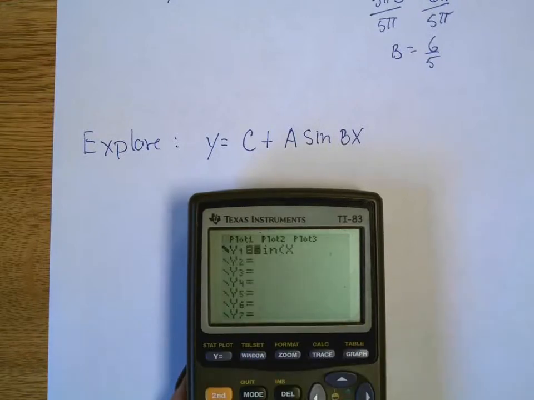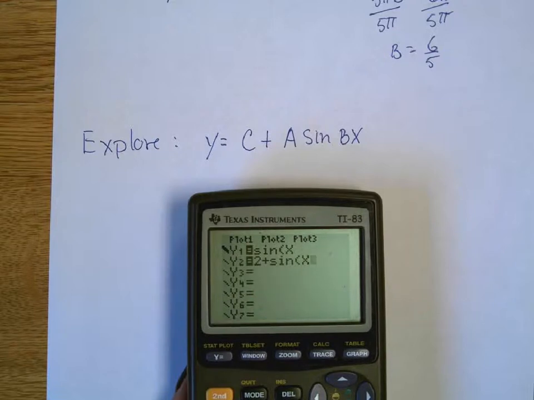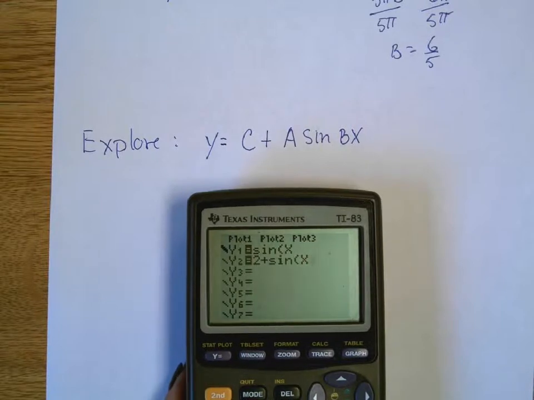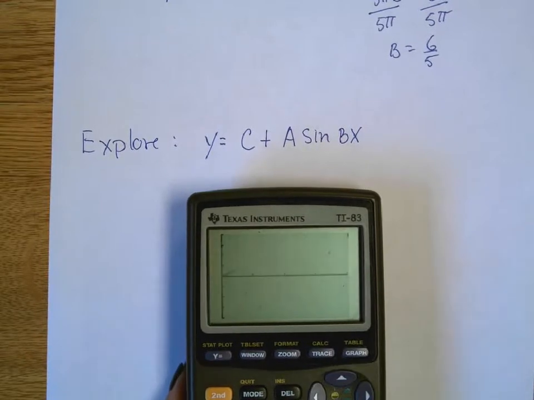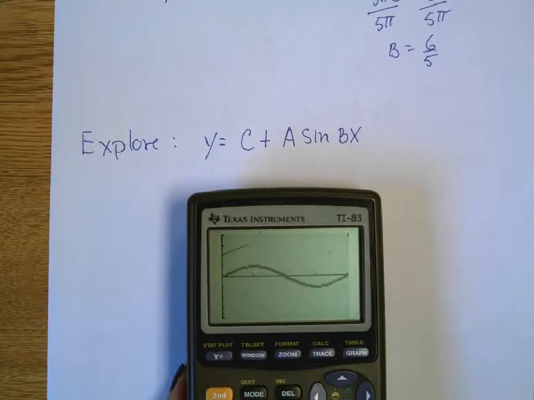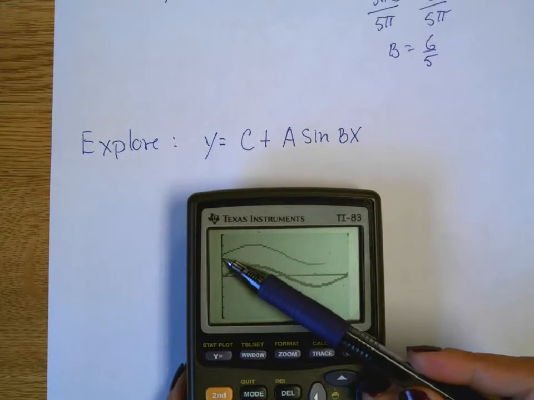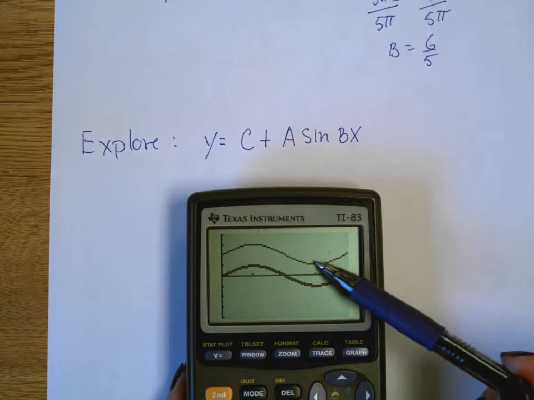Now let's go with 2 plus sine x, so I'm adding a number to the function. That took every single value and shifted it up 2. Now, instead of starting at the origin, it's starting at 2 and going up from there, and then coming down.